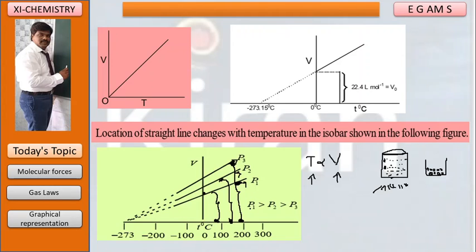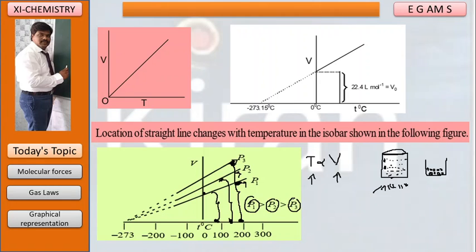At what temperature P1? At P1, the pressure is always greater than P2. P2 is always greater than P3. It means temperature increases, volume increases, pressure decreases.